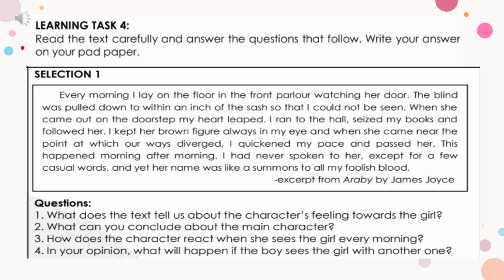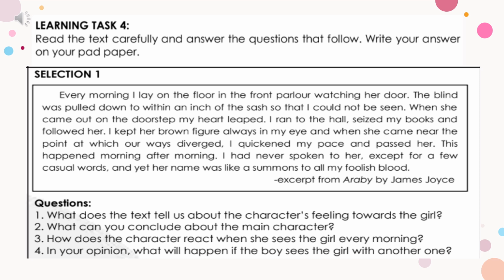I kept her brown figure always in my eye, and when she came near the point at which our ways diverged, I quickened my pace and passed her. This happened morning after morning. I had never spoken to her except for a few casual words, and yet her name was like a summons to all my foolish blood. Excerpt from Araby by James Joyce.